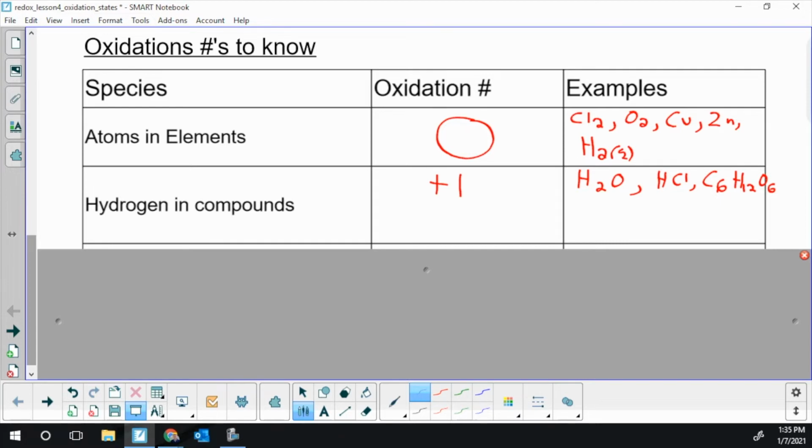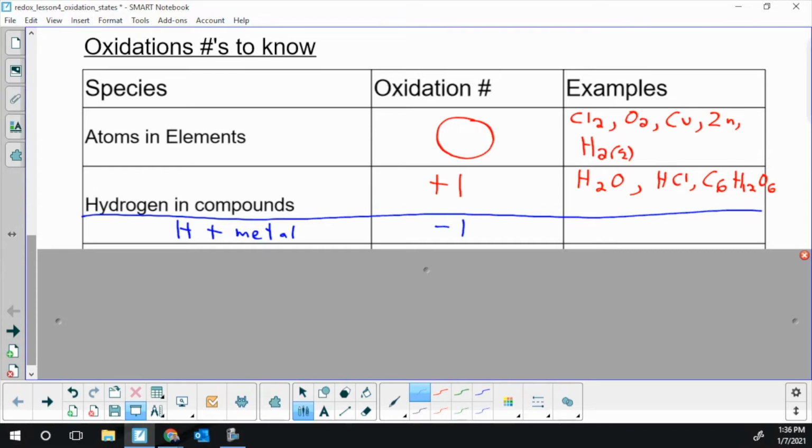Now there's one other slight variation of this. It doesn't come up very often. I never really test you on this, but if you have hydrogen plus a metal, hydrogen paired up with something with a very low electronegativity, then hydrogen ends up with the higher electronegativity, and it flops from +1 to -1.